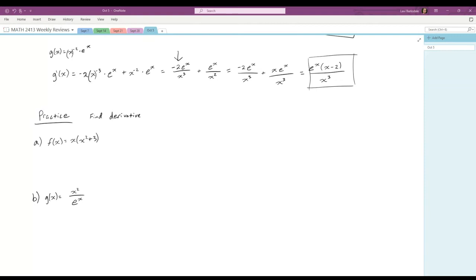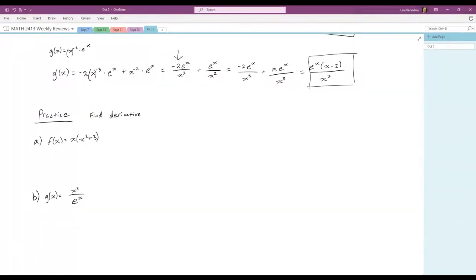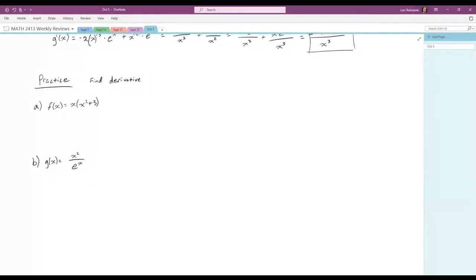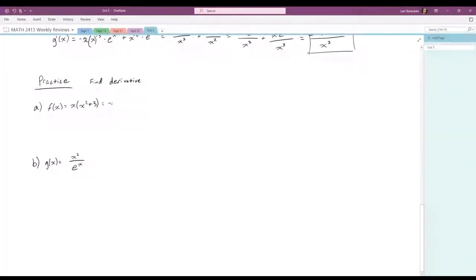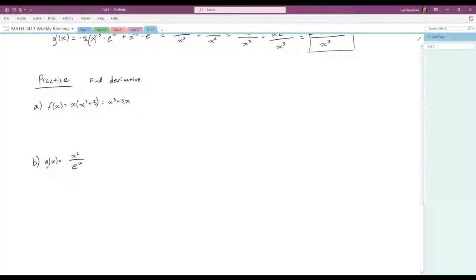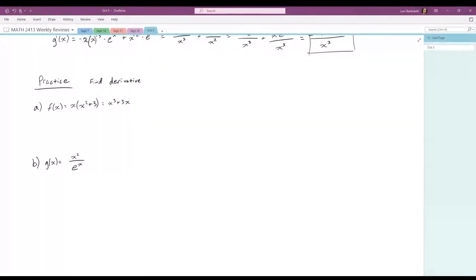All right. Cool. Let's take a look. For this first one, there are several ways we can do it. It is a simpler derivative, so we could actually just multiply it out if we chose to. So that's one way you could do it. We're going to solve it by the product rule, though.